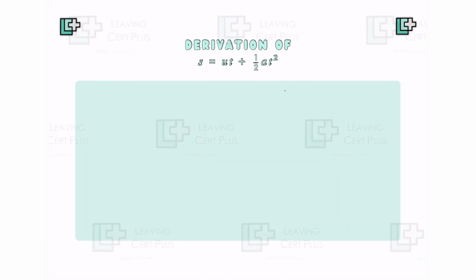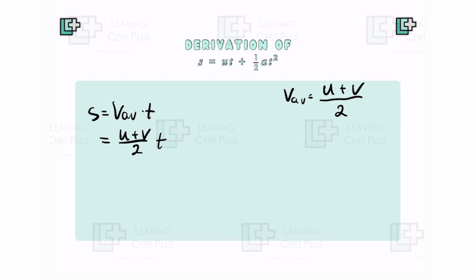To derive the second formula, I need to use the statement about the relationship between the average velocity, v average, equals the initial velocity plus the final velocity, all that divided by 2. And I need to add that into my formula for distance, s equals average velocity multiplied by the time. So by substitution, I'm going to end up with the following expression.